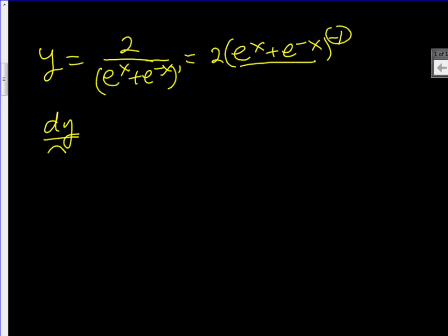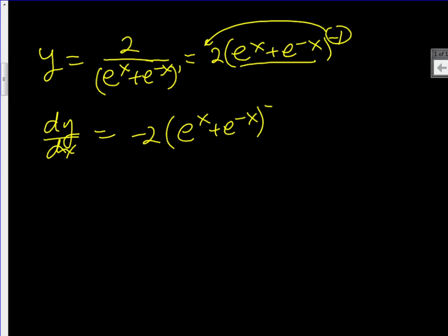So dy dx or y prime will be, keep the function the same, bring down the power, make it negative 2, make the new power 1 less, and then take the derivative of what's inside. It's a sum, so we take the derivative of the 1st term, and then we take the derivative of the 2nd term. The derivative of the 1st term is e to the x.